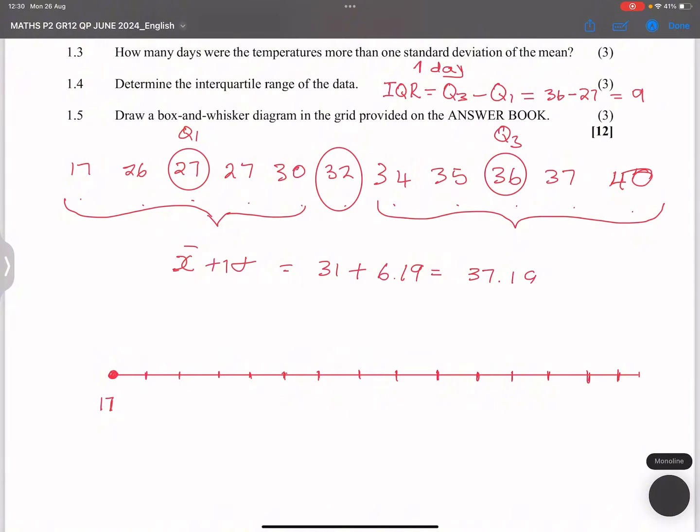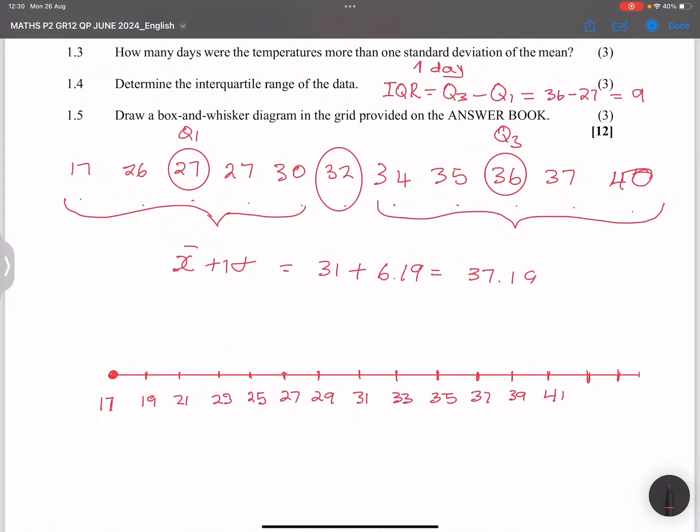Okay, it doesn't look like my values are going to fit this way, so I'm going to start from 17 and go in 2s: 19, 21, 23, 25, 27, 29, 31, 33, 35, 37, 39, and I'll have 41 over there.